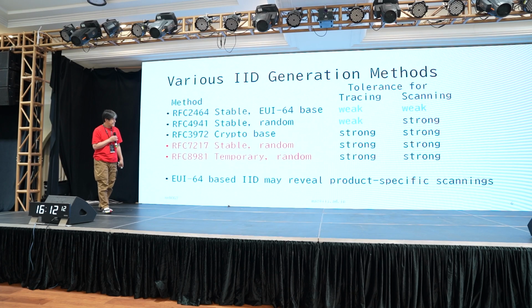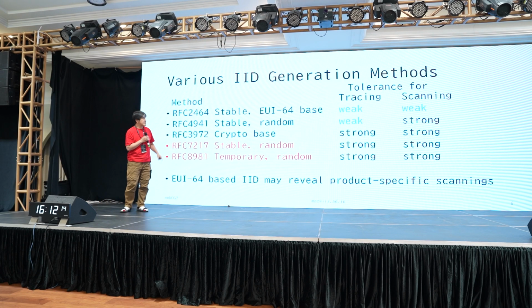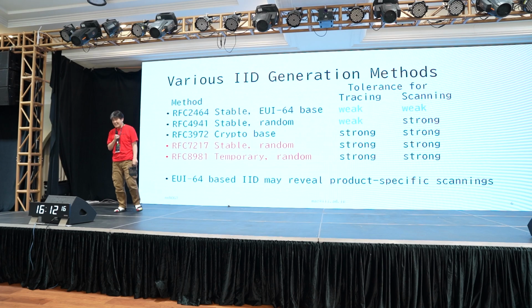And also, EUI-64 based IID is based on the MAC address of your computer, right? It's 48 bits long. And each vendor has a very specific range of MAC addresses.